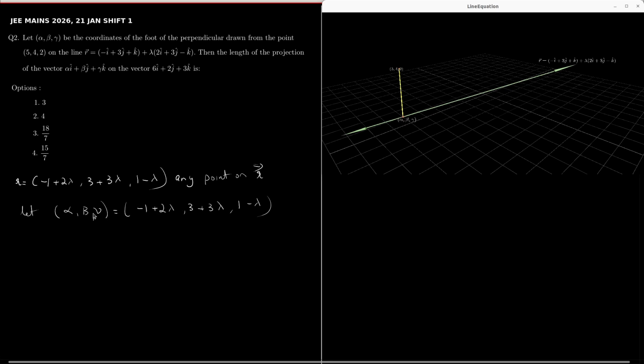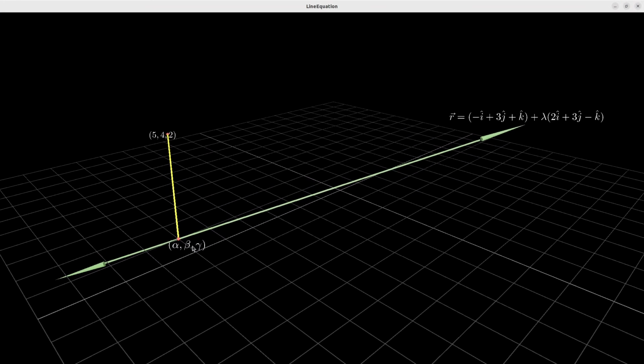Now we need to solve for alpha, beta, gamma. For that, we will use the perpendicular property. The direction ratio of the line R is 2, 3, minus 1. The dot product of 2, 3, minus 1 with the direction ratio of the perpendicular line is 0 because both are perpendicular. The direction ratio of the perpendicular line is alpha minus 5, beta minus 4 and gamma minus 2.